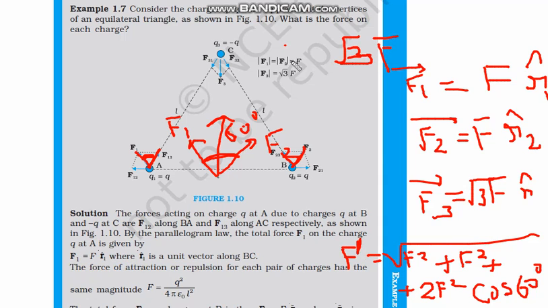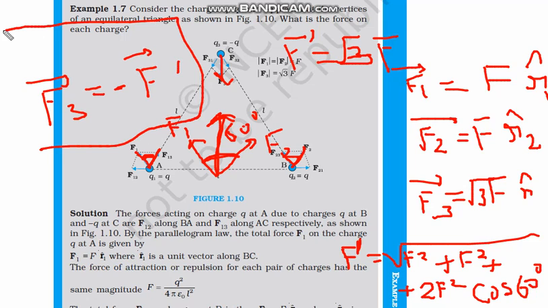So F dash is equal to root 3 F. But you can see, one has direction on this side, another one has direction on this side. So here we can see that this F3 is equal to minus of this F dash. So both will cancel out, hence Newton's law will be validated in this case.